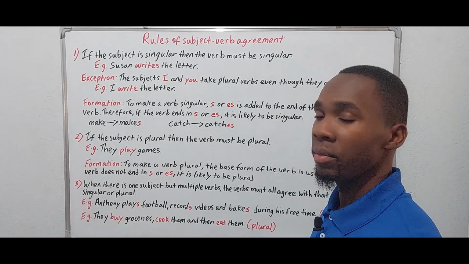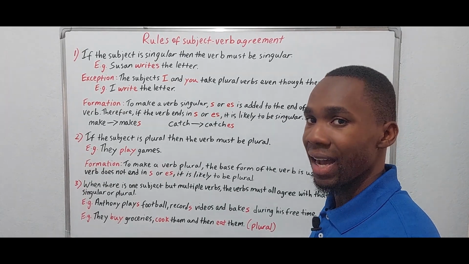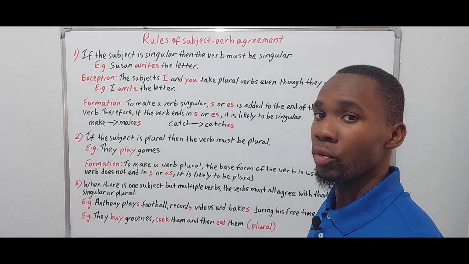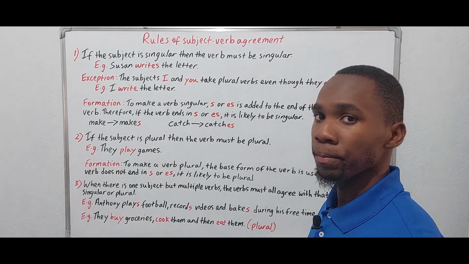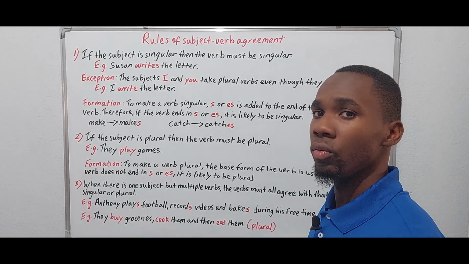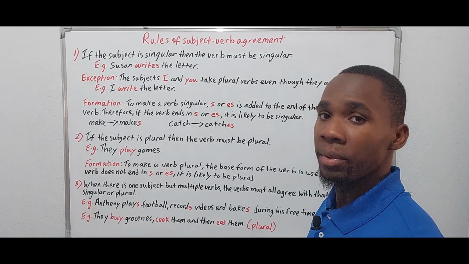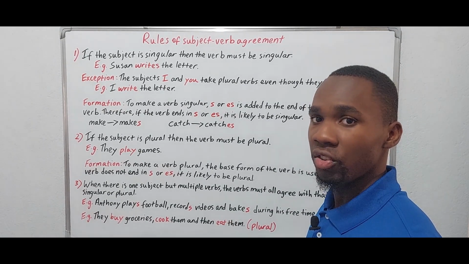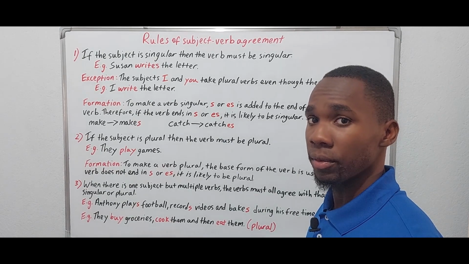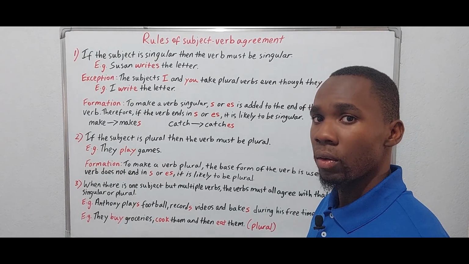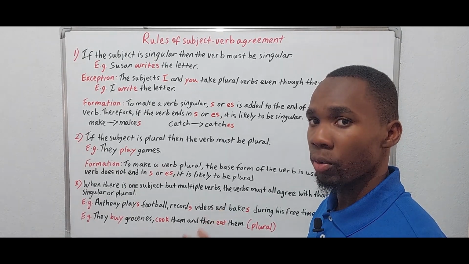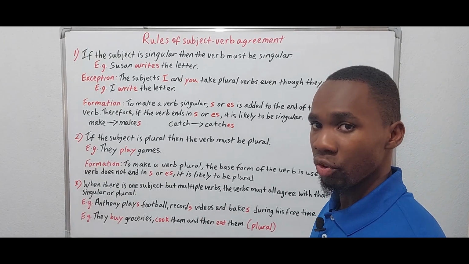However, there are many more rules that have to be added to those, and we're going to get into those today. It's important that you understand this concept because it exemplifies good knowledge of English grammar. You need to know how to conjugate verbs appropriately given the situation, right?